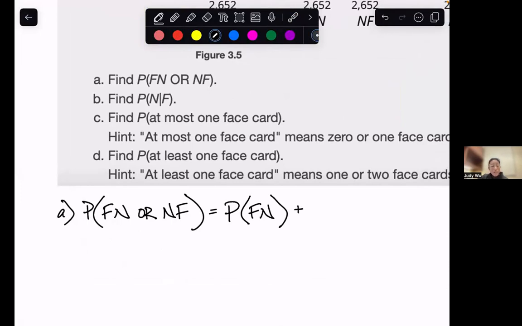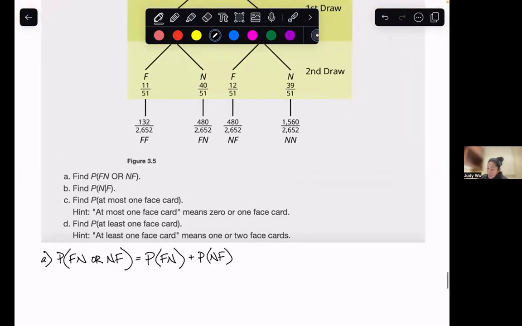So the or is really like we're adding these two cases, probability of a number card and then a face card. And we don't have a ton of calculations to do. The work is really in setting up that probability. We can just take the probabilities that they found for us and add them together, okay?